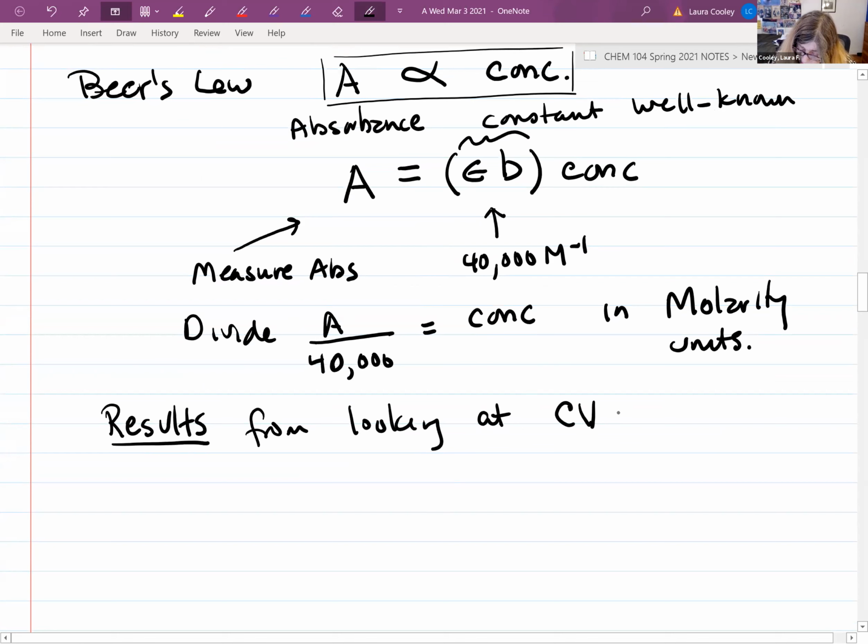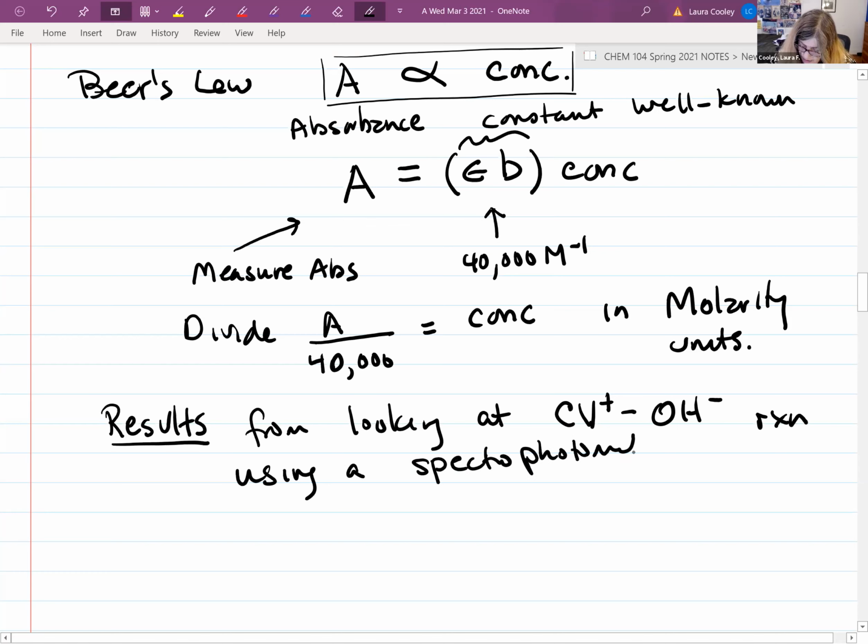So it's this same CV hydroxide reaction using a spectrophotometer to get the absorbances.